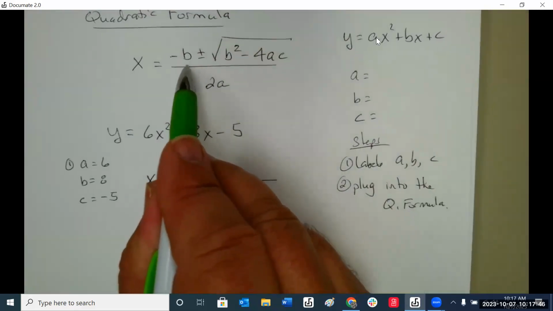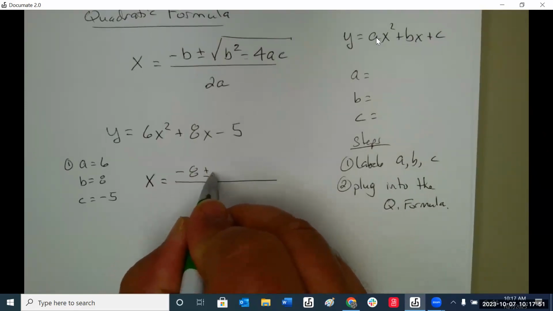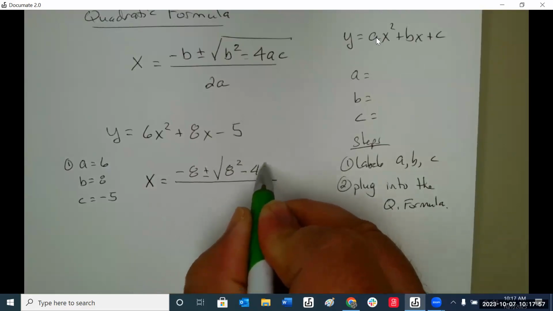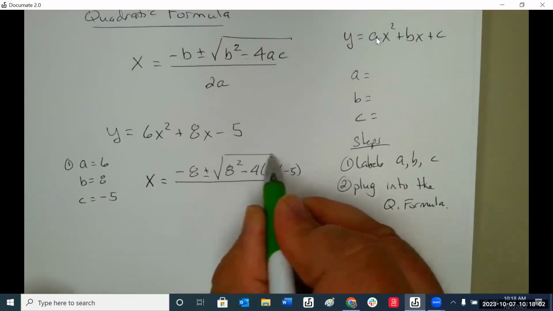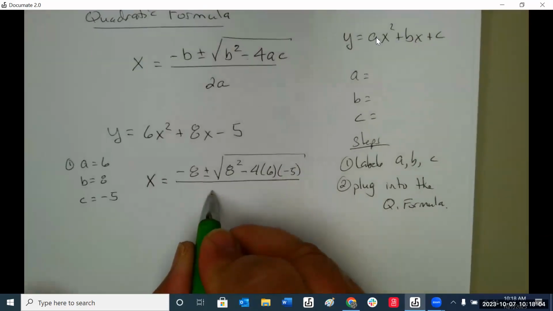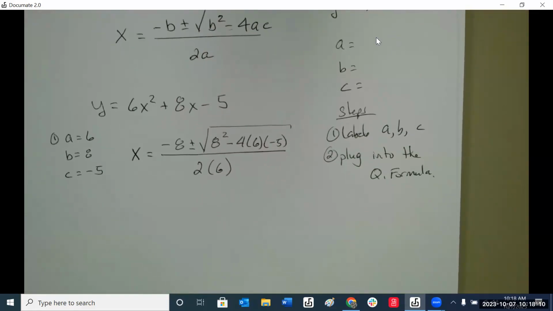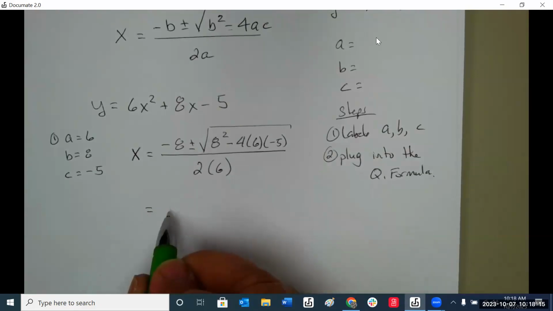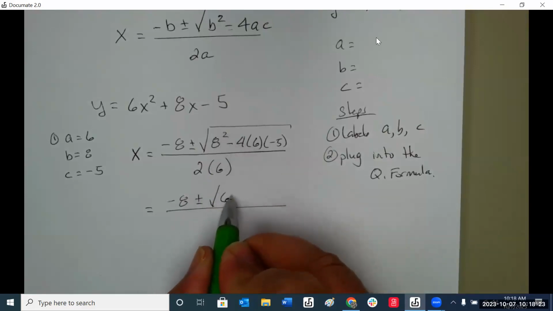Always write it down first. All right, here I wrote it down up here. So I have negative 8 plus or minus the square root of 8 squared minus 4 times 6 times negative 5, all over 2 times 6. So negative 8 plus or minus 8 squared is 64.